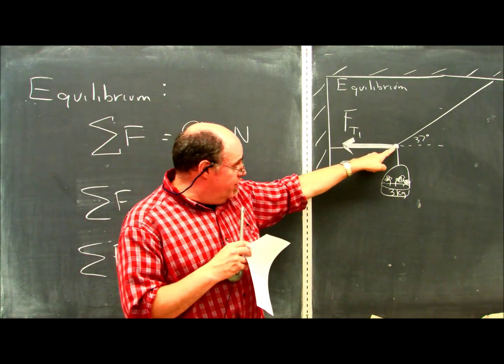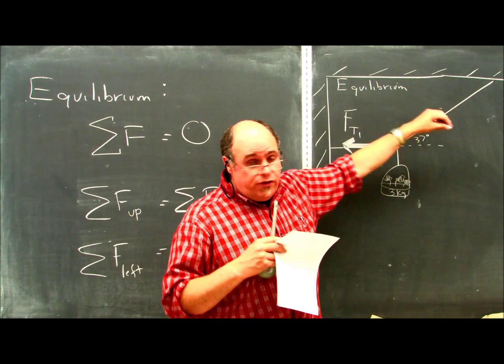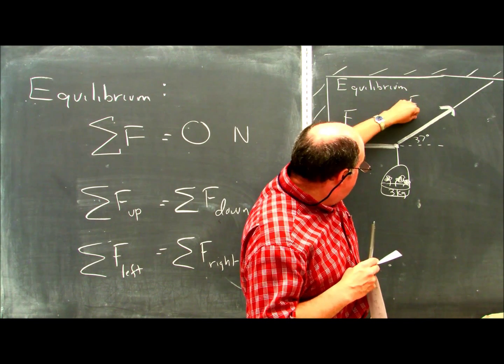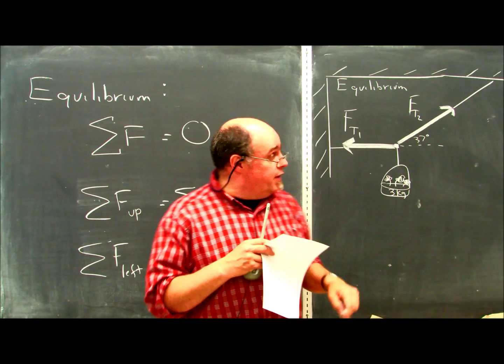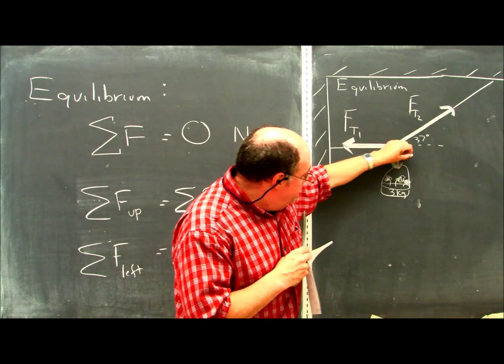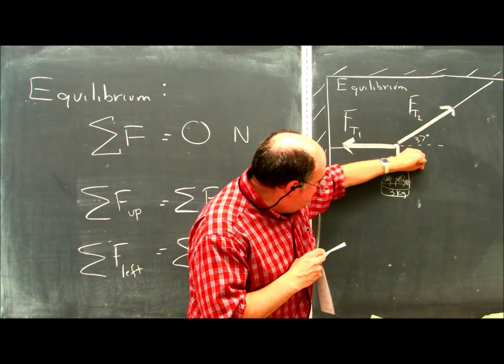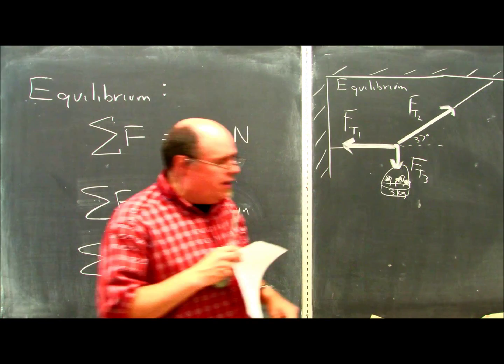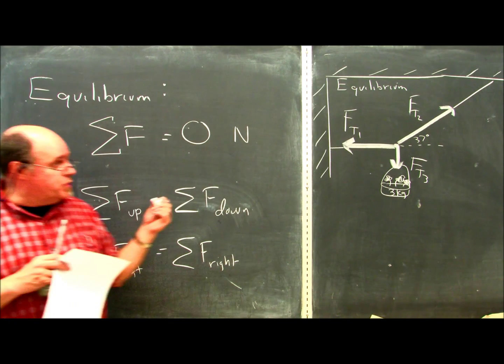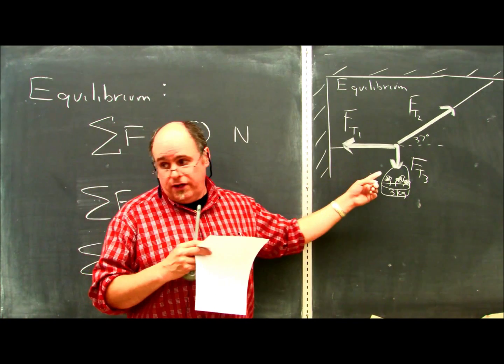And the rope over here is pulling upward and to the right, and I'll call that force of tension 2. And there's one right here where the basket is attached, and I'll call that the force of tension 3. And the sum of all of those three forces has to cancel out, because as we can see, the basket is not accelerating at all.